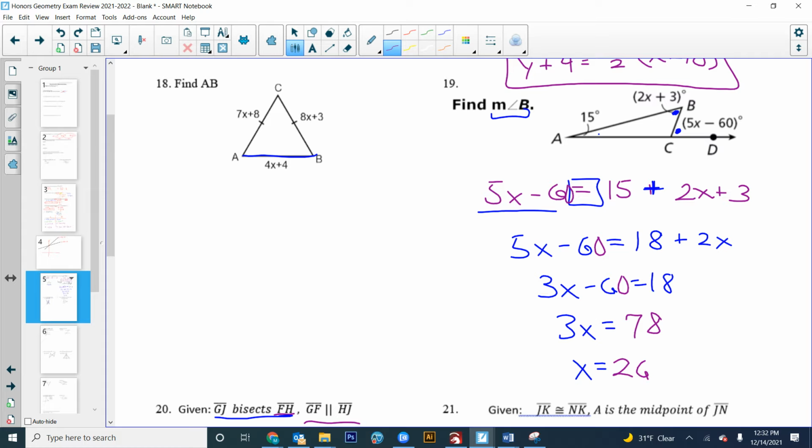Yep. 26. Measure of angle B, 2 times 26, about 55? 52 plus 3, 55 degrees. Everybody catch that?